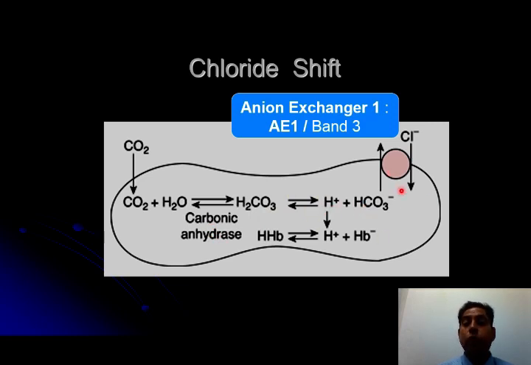Now, this bicarbonate, which is negatively charged, every time it leaves the RBC, to maintain electrical neutrality you need a negative ion coming in. So the chloride, which is the major anion in the plasma, enters the RBC. This occurs by an anion exchanger 1, or what is called the AE1 protein, or band 3. This is what is called the chloride exchange.